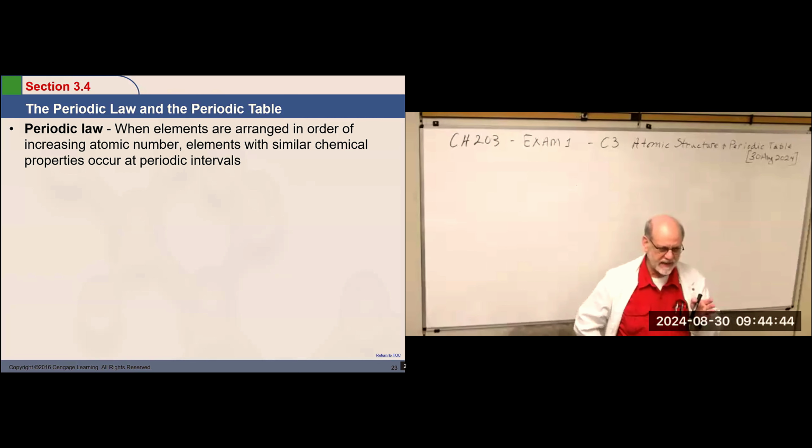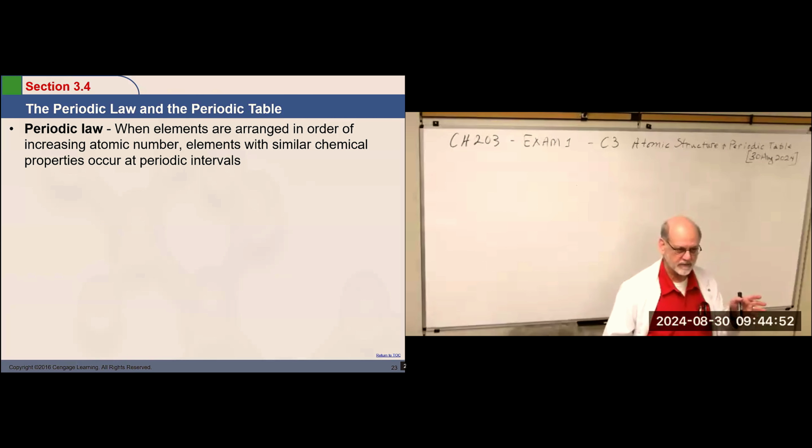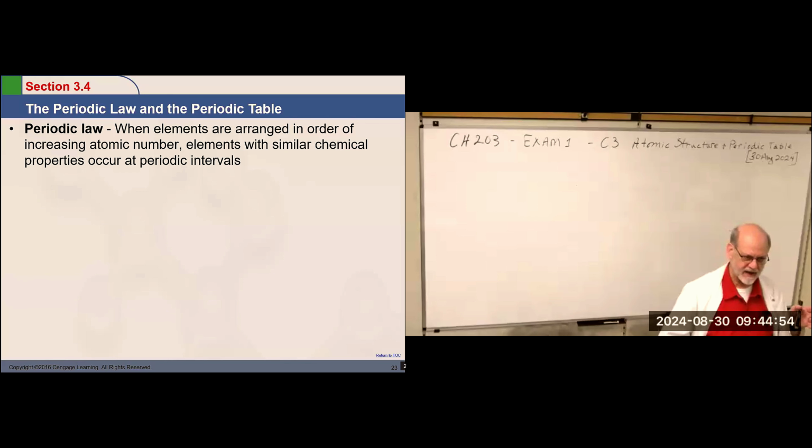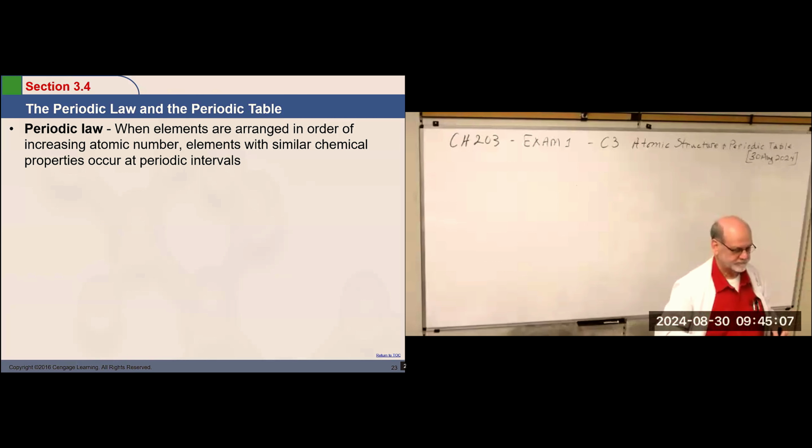He organized his table according to groups, right? Elements that had similar chemical properties. So we get the halogens, they're all very similar in their chemical reactivity. The alkali metals on the far left, lithium, sodium, potassium, rubidium, cesium, those all have similar characteristics. So he grouped them together.